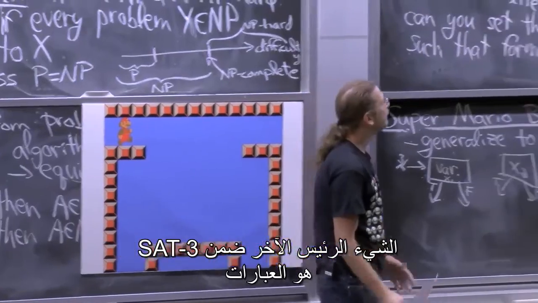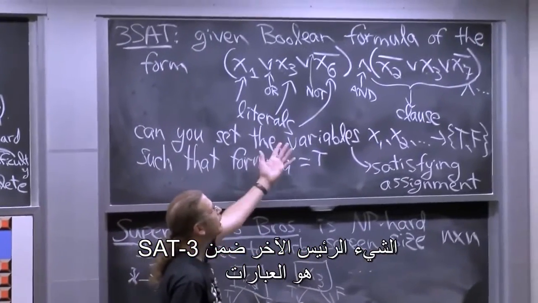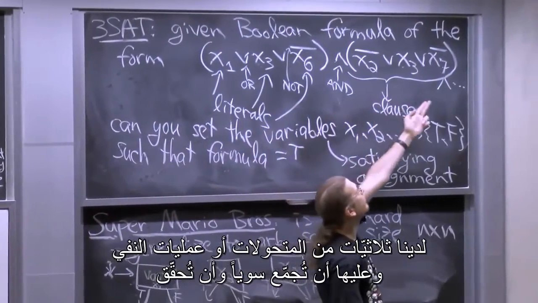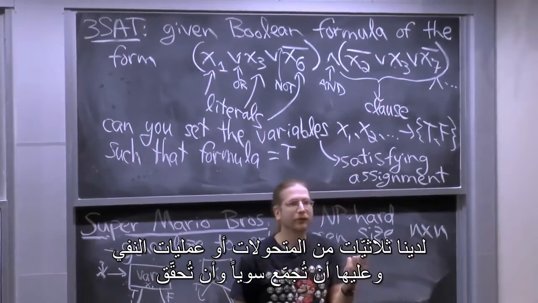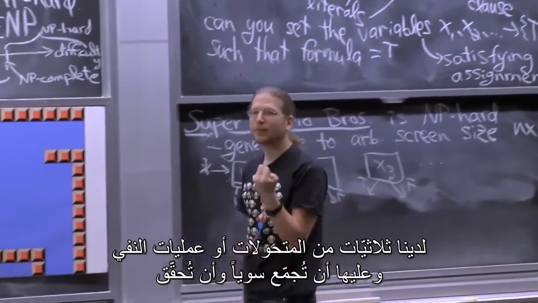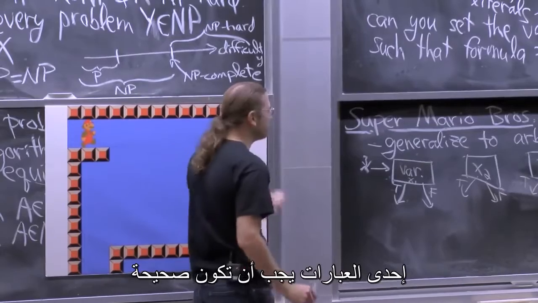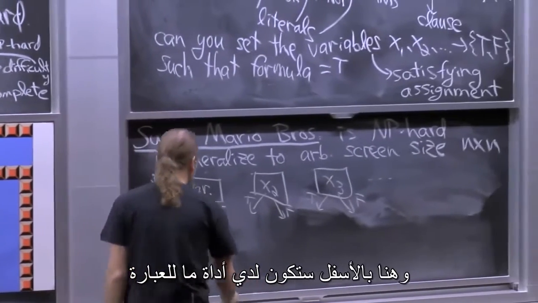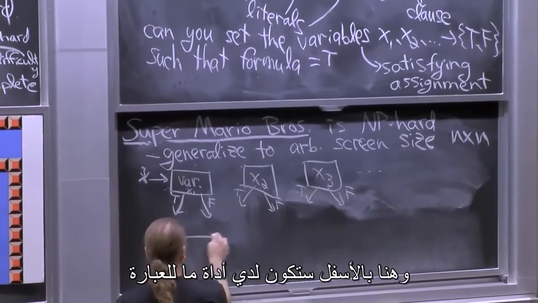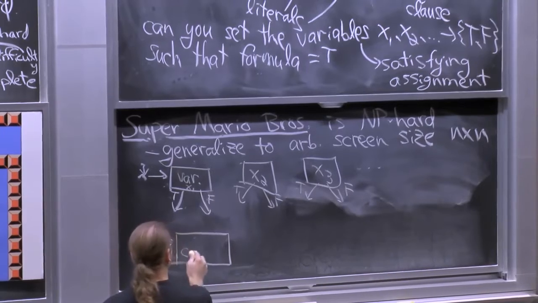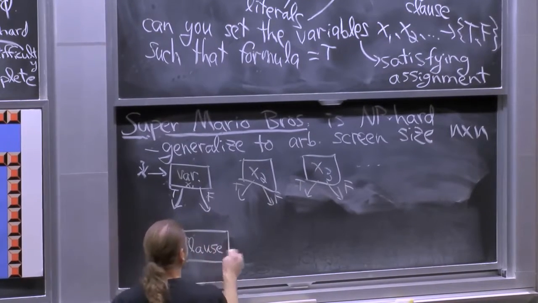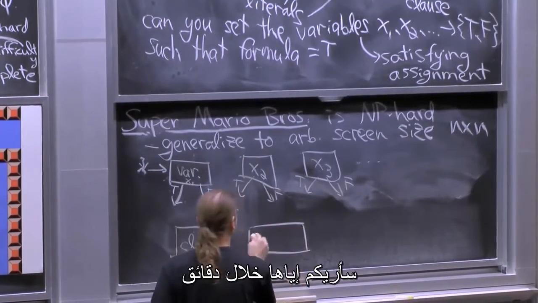Now, the other main thing you have in 3-SAT are the clauses. We have triples of variables, or their negations, that have to come together and be satisfied. One of them has to be true. So down here, I'm going to have some clause gadgets. I will show you in a moment.